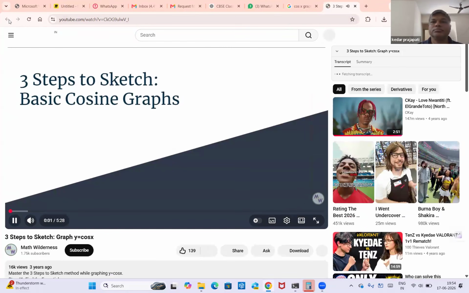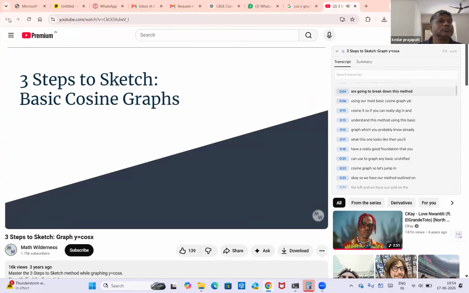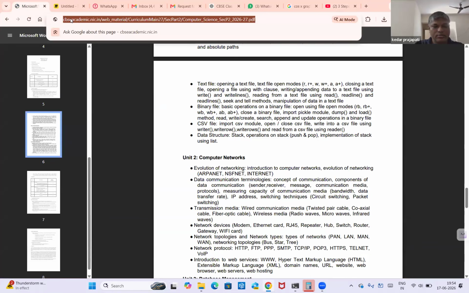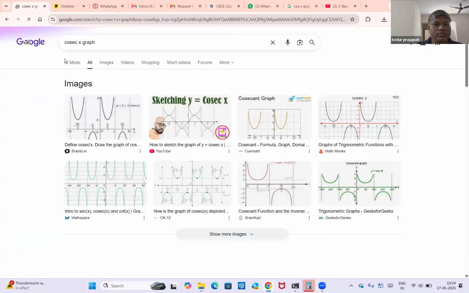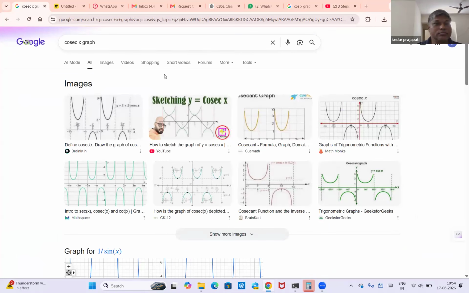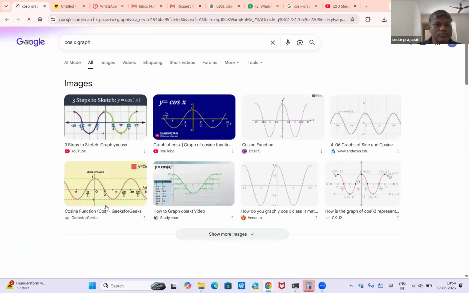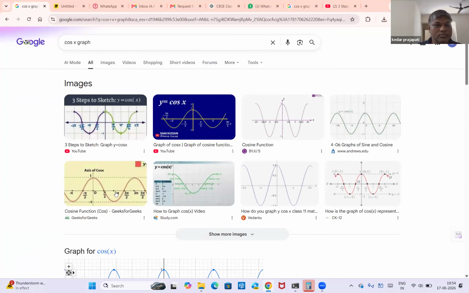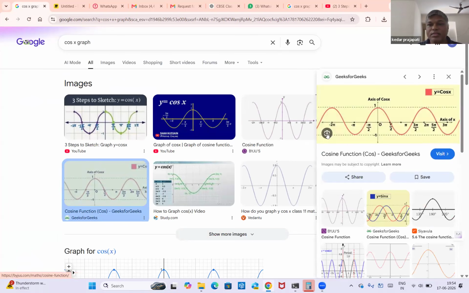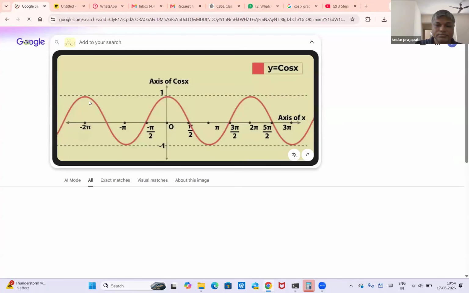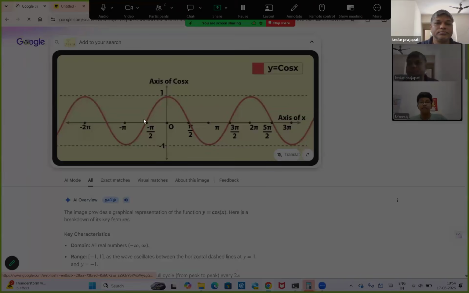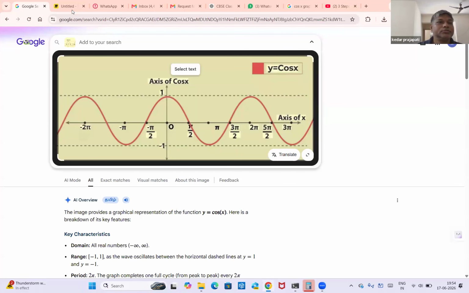So let's assume this. Suppose this is a graph. So I'm bringing it here.